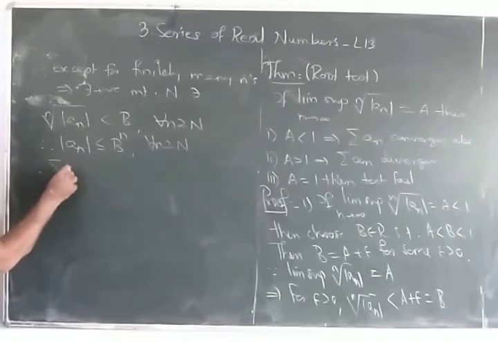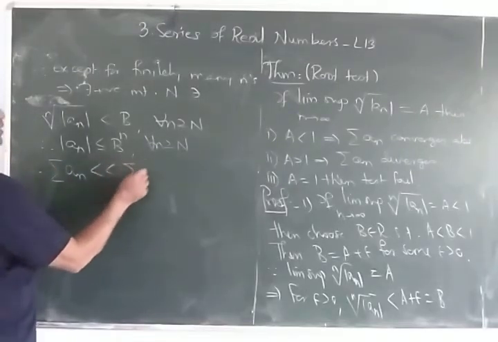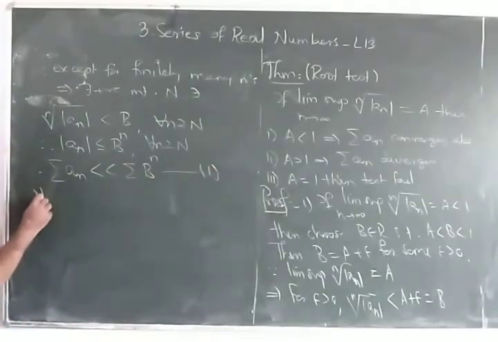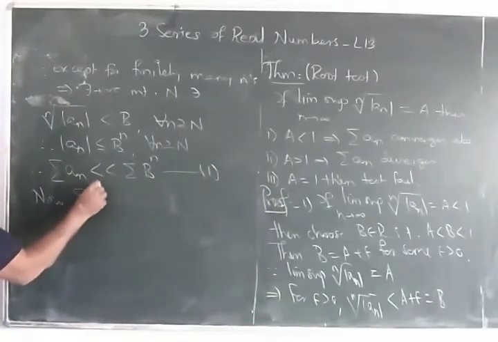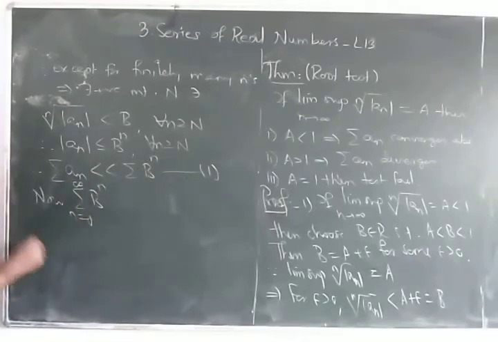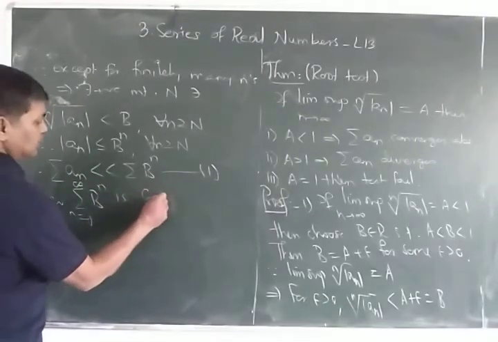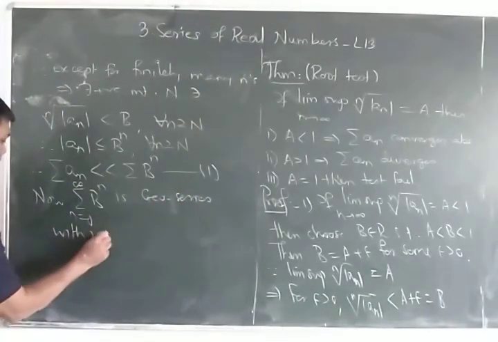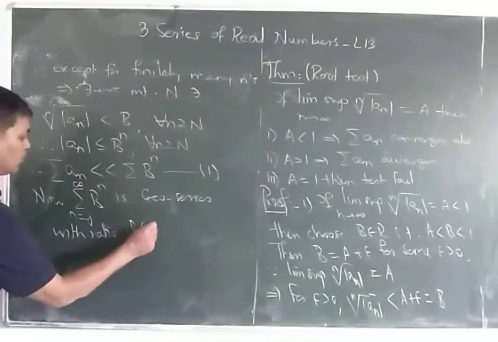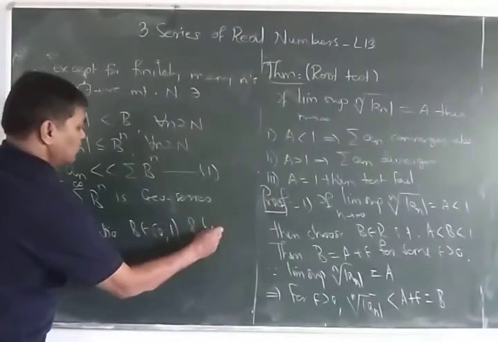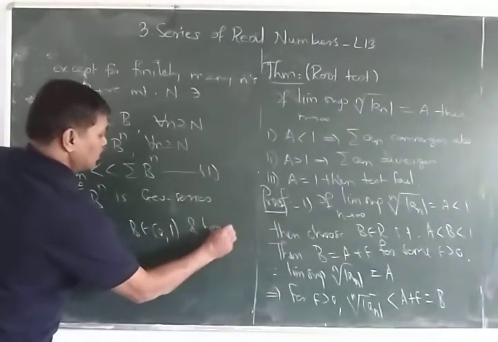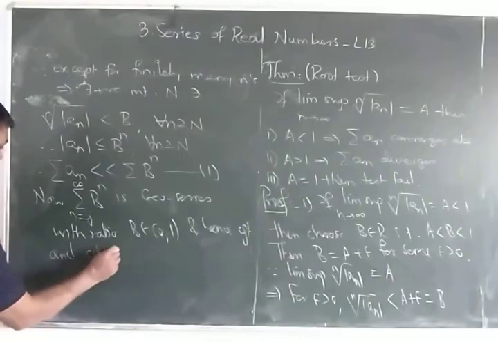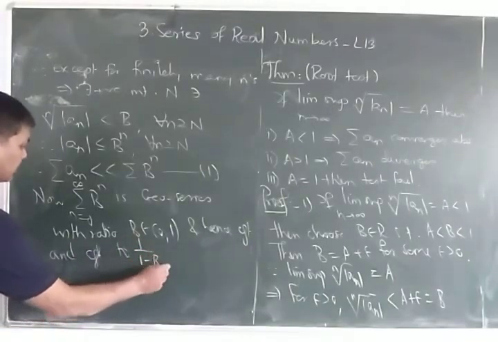This implies summation of a_n is dominated by summation of b raised to n. Now summation of b raised to n, n equal to 0 to infinity, is a geometric series with ratio b belongs to (0, 1) and hence convergent, and converges to 1 upon 1 minus b.